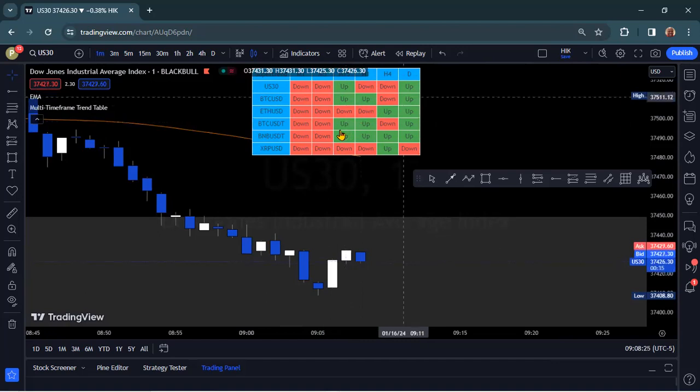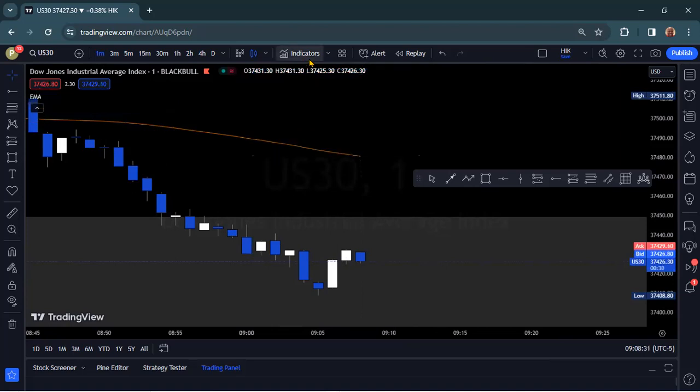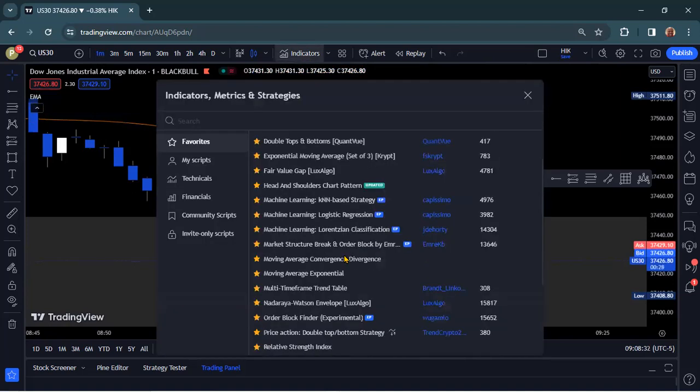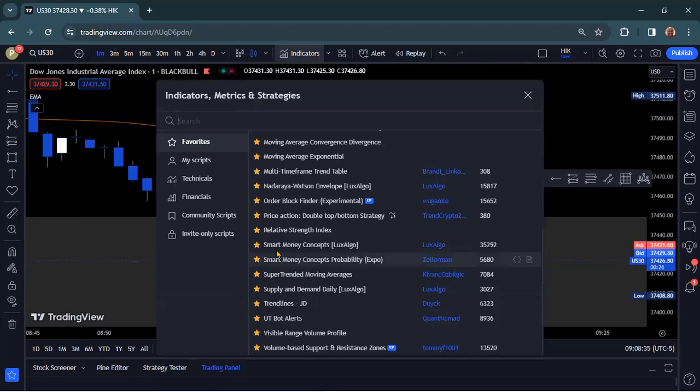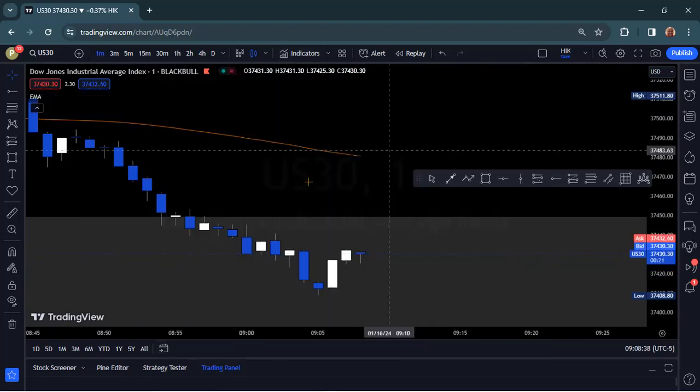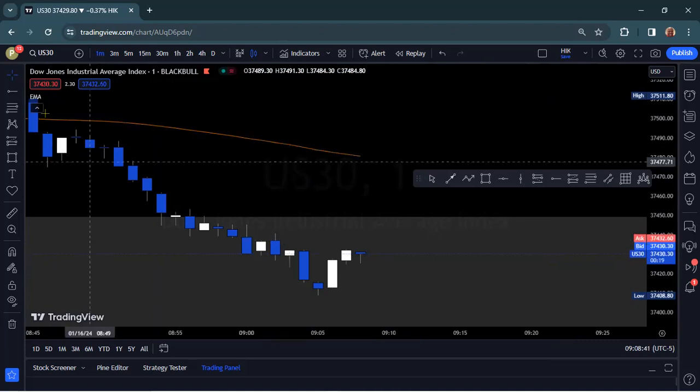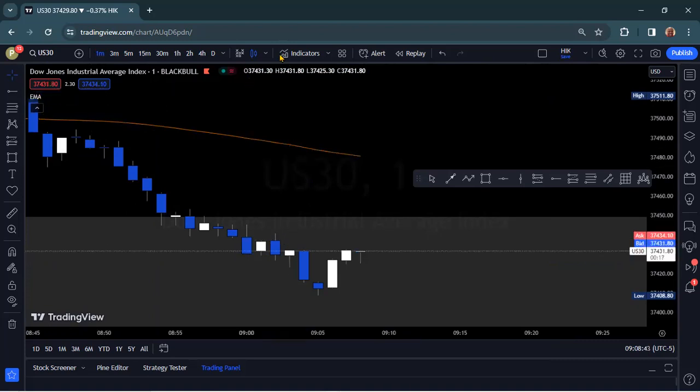Okay. All right, so we'll take this off and we'll put Smart Money Concepts back on, Lux Algo. And we just pretty much wait. Did it take? Hold on.